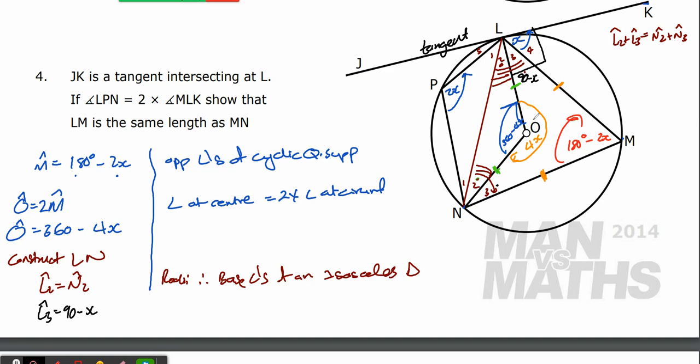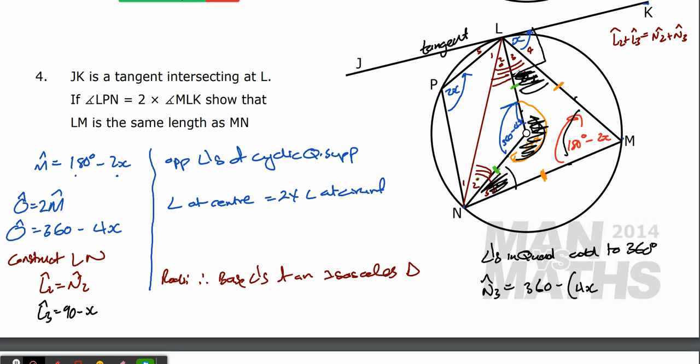Now, if I look at this shape over here, I've got 1, 2, 3, 4 sides. Angles in a quadrilateral add to 360 degrees. So N3 is going to be equal to 360 minus the sum of the others. This plus this plus that plus that will equal 360 degrees because it's a quadrilateral in the shape of an arrow.